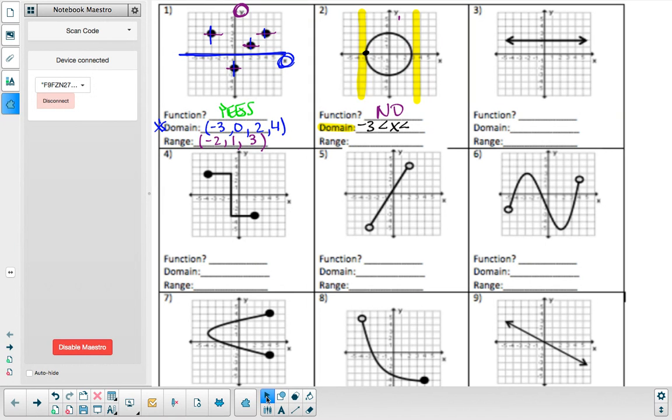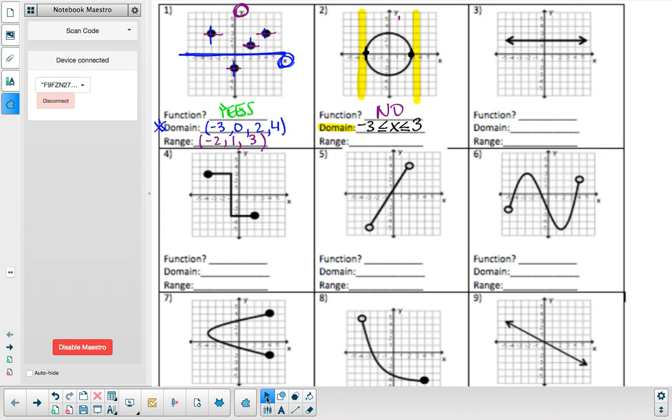Now, to determine if I need a line under my inequality sign or not, I have to think, okay, does -3 count? And in fact, it does because it hits it right there. So I have a line underneath. My furthest right value is at +3, and it also touches the graph. So there's my domain. -3 is less than or equal to x, which is less than or equal to 3.